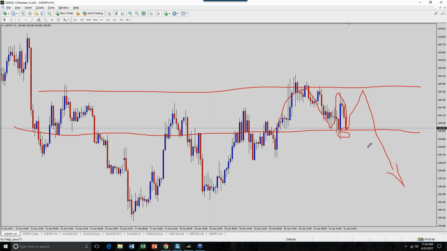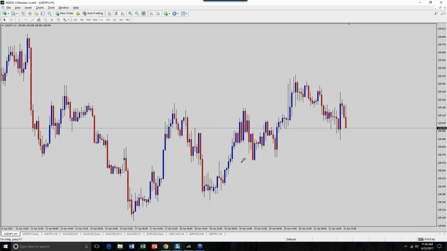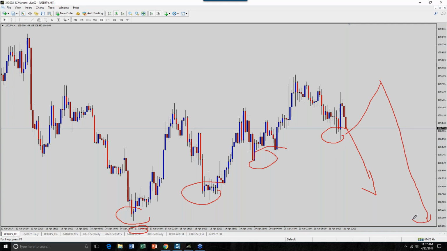So you have to be aware of your range and say to yourself, what makes the most sense at this point? In my mind, right now, this was your lowest point back on April 16th. We haven't come to that point yet. We sort of scaled back. So does it make sense that we're going to continue on right now? Probably not. Maybe we're going to pull back up a bit before we slam back down.